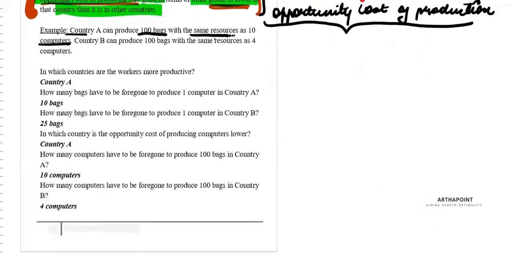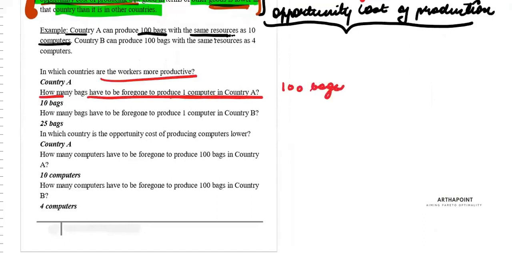So let's say here, in which country are the workers more productive? Now, when we say that, how many bags have to be foregone to produce 1 computer in country A? To produce 100 bags is equivalent to producing 10 computers.